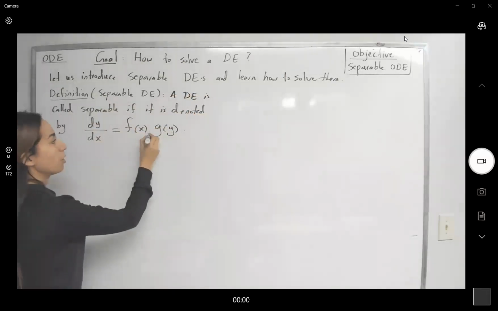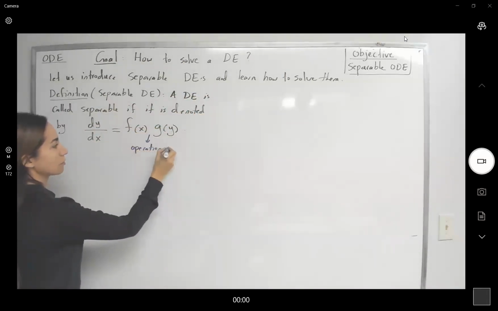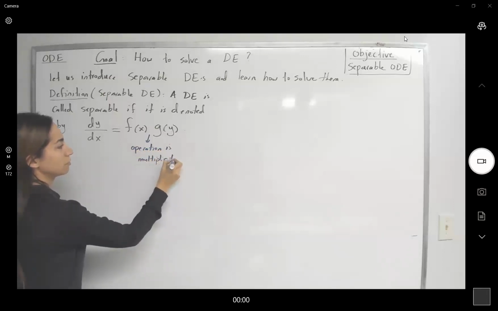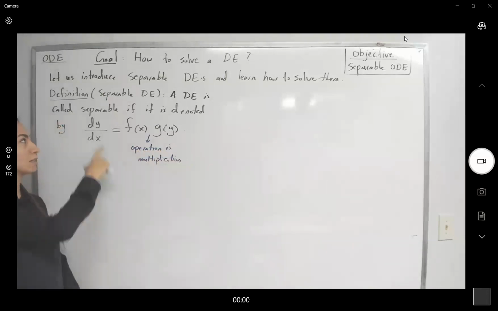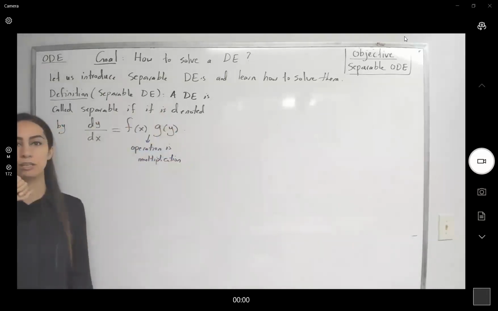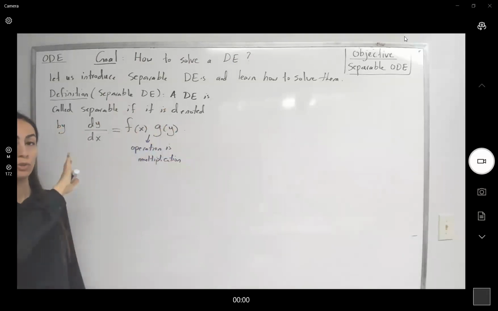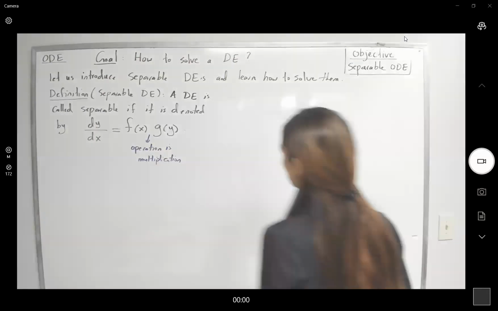We see multiplication. Then we can separate dy and the function in y, dx and the function in x into different sides of the equation. So this is actually how we solve a separable differential equation.